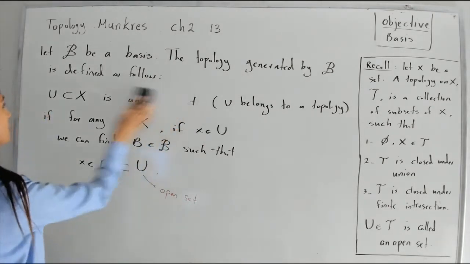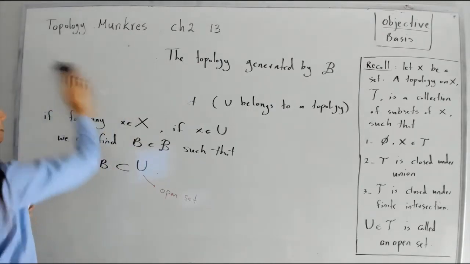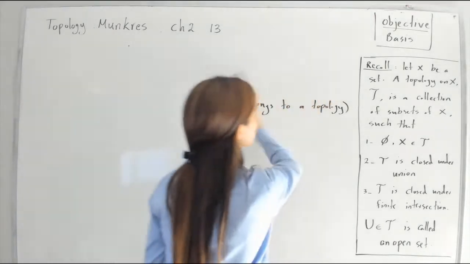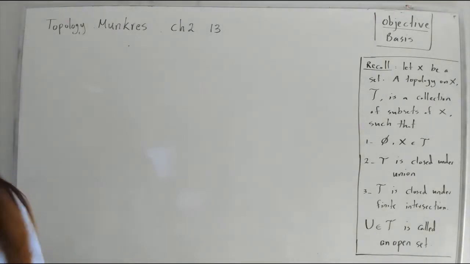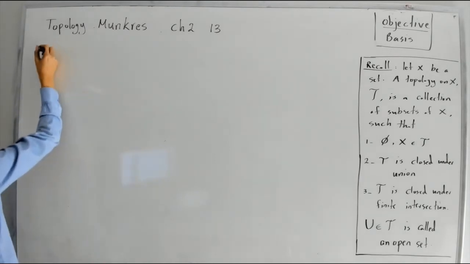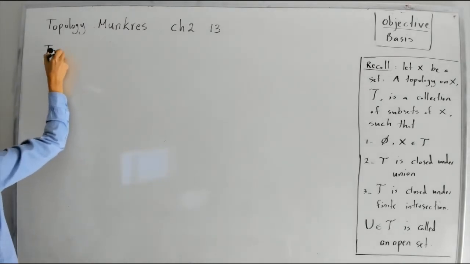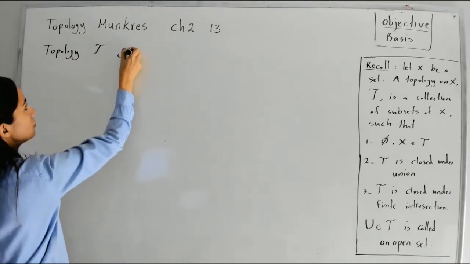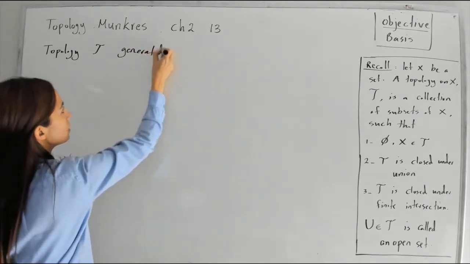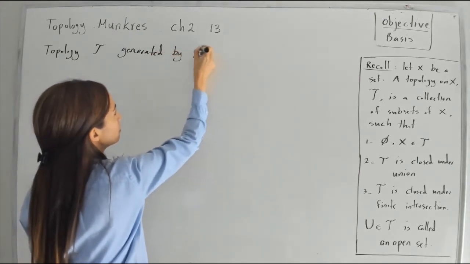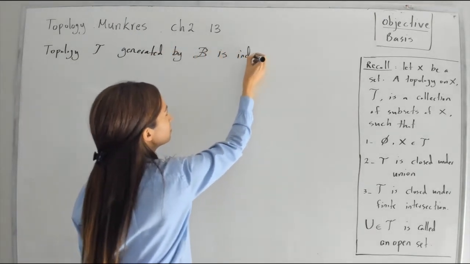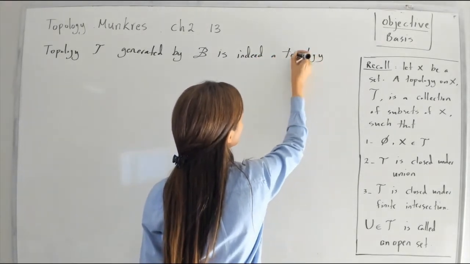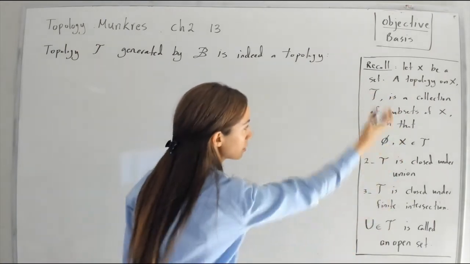Very well. So let's show that this is indeed a topology on X. The topology tau generated by beta is indeed a topology. We need to check these three conditions.